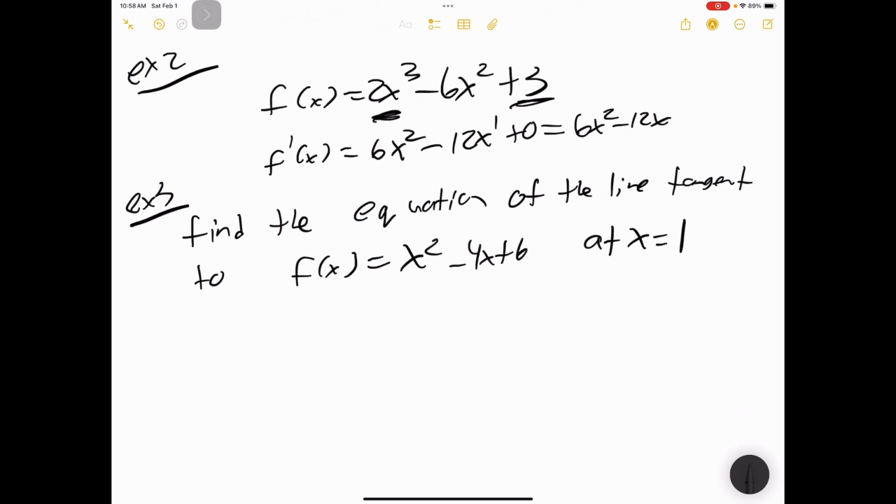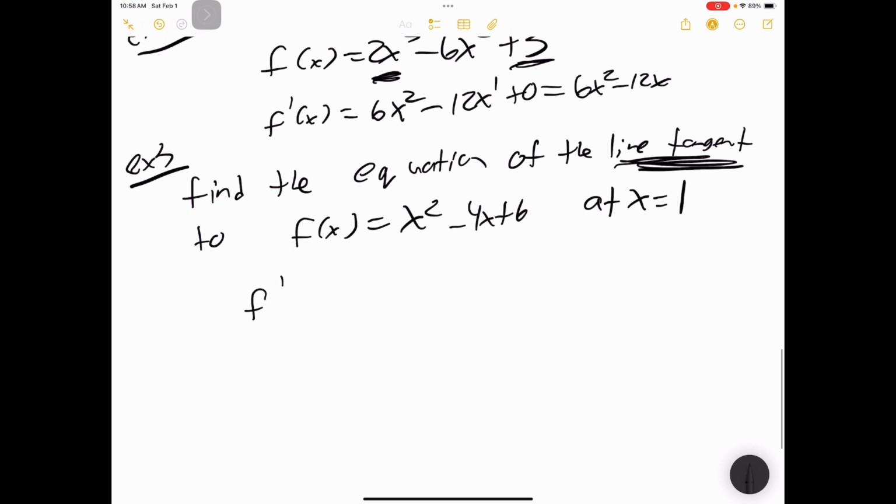I can use the derivative to help, because remember, the tangent line is going to have the exact same slope as the function at that point. So we just need to find the slope of the function at that point, and the derivative tells us the slope. So first I can say f prime of x is equal to 2x minus 4. That's our rule on the first term, our rule on the second term. The third term just goes away.